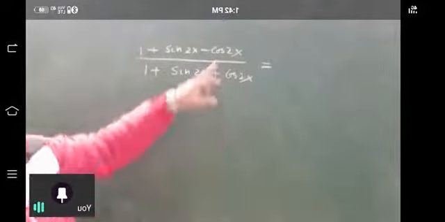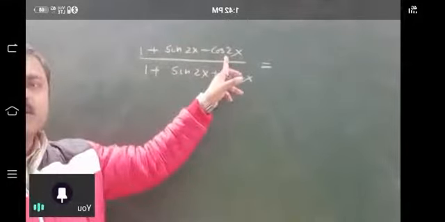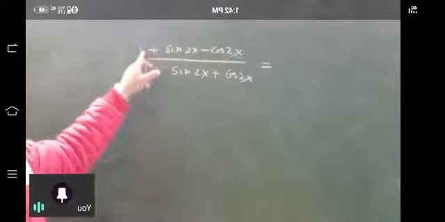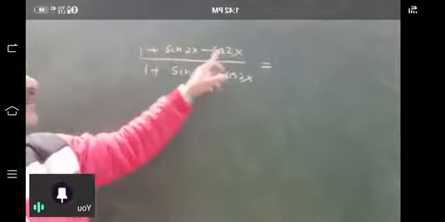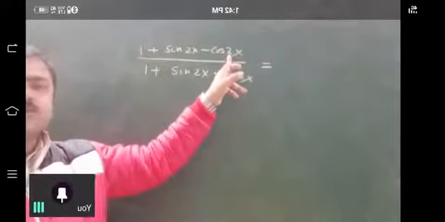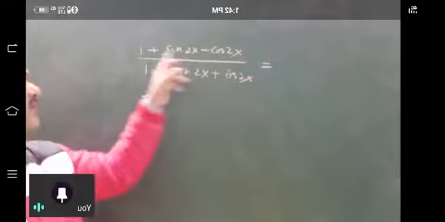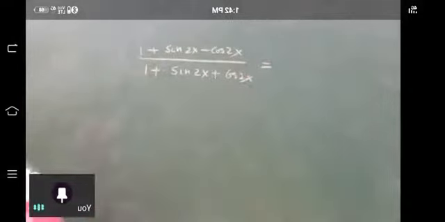So just simplify this. See here, here is the cos 2x. Now this cos 2x and 1. So always cancel the 1 by applying the identity of cos 2x. If you apply cos 2x as 1 minus 2 sin square x, then definitely this 1 will cancel out.